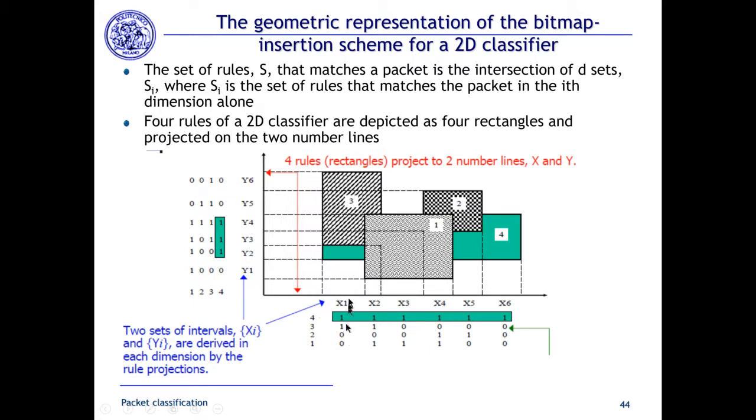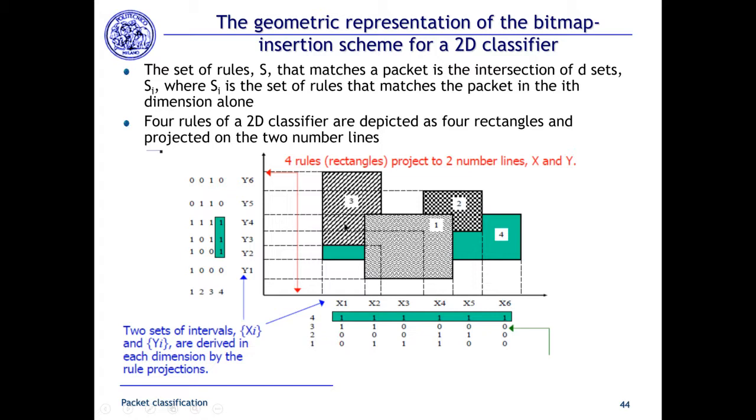And for example, here you see that if we take x1 this stripe, then on this stripe we will have rule 4 and rule 3. Okay, rule 4 and rule 3 have a region of validity on this stripe, while the other two rules, 1 and 2, don't have any validity region on this stripe.